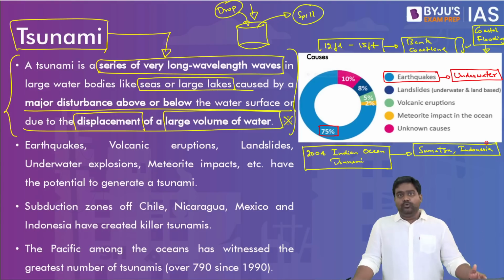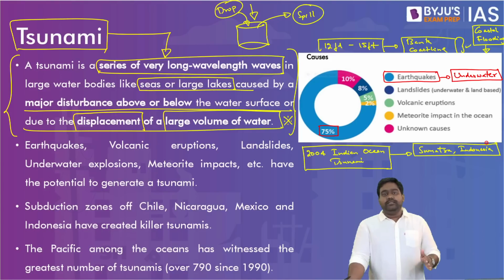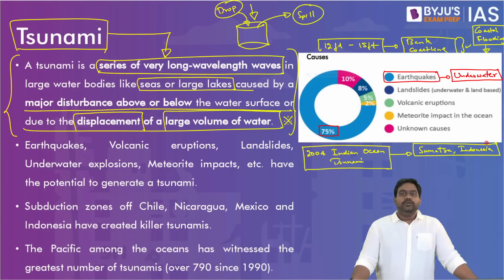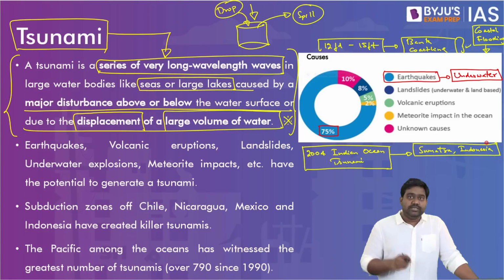Especially Tamil Nadu took the biggest impact. In India, more than 1 lakh people were killed during this tsunami. Then even Sri Lanka, Maldives, and East African countries, as far away as Somalia and others, right? They all took the impact of the 2004 tsunami. So the majority of tsunamis are caused by underwater earthquakes, nearly 75% of them.